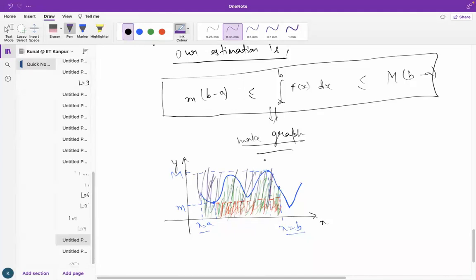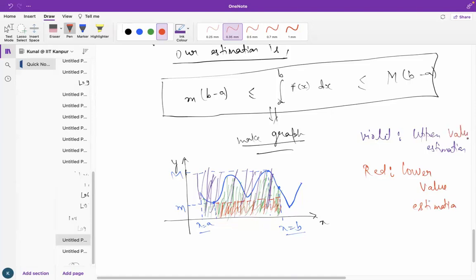Violet represents the upper estimation, and red represents the lower value estimation, actually. And green color represents the actual value, right? So our value, which is in green color, lies between red and the violet.